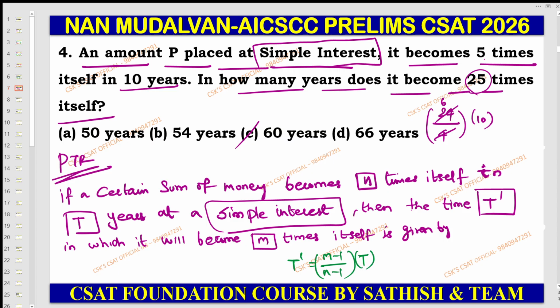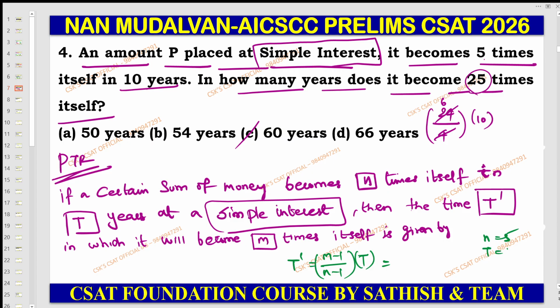Even if you don't know the formula, just by seeing simple interest and the number of times it becomes, it becomes 25 times means you have to reduce 1. It becomes 5 times in some years means you have to reduce 1 there too, and then multiply. So now apply: what is n here? n is equal to 5.